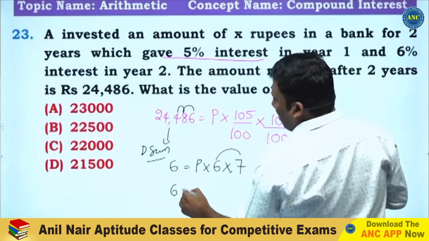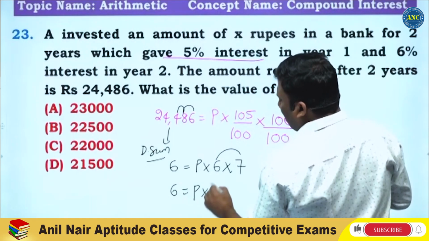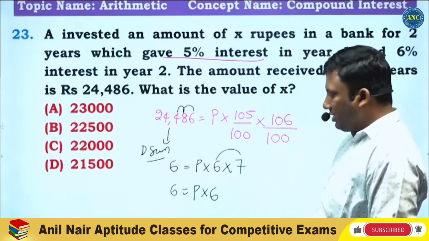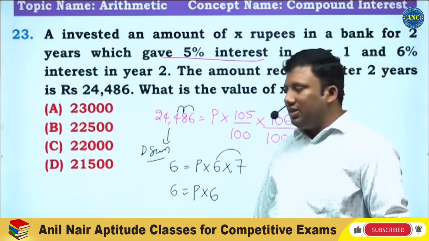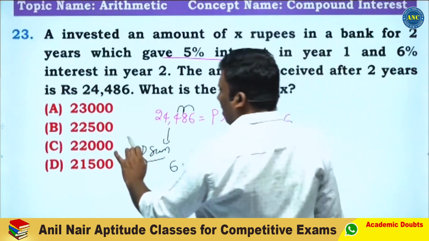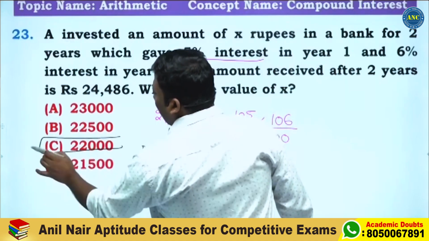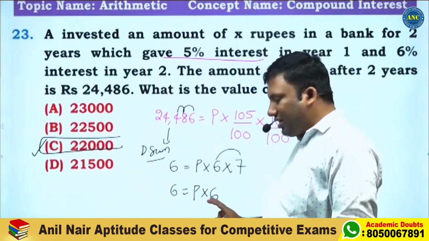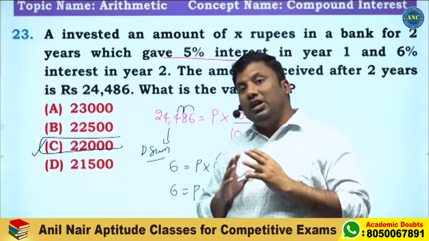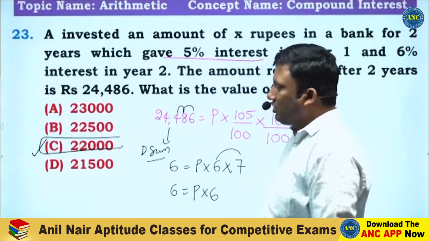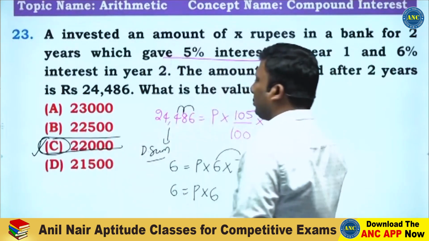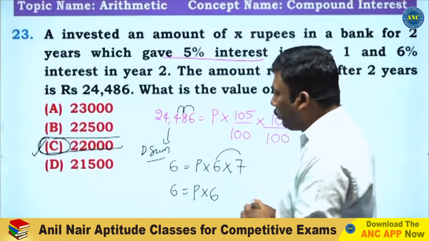It is 6. So 6 equivalent to P into 6 sevens are 42, 6. Now let us see where we are getting the digital sum 6. 22,000. 22,000 digital sum is 4. 4 6s are 24. What is 2 plus 4? 6. So answer for this question is 22,000.